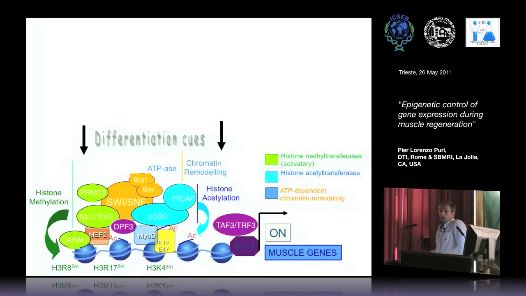But most importantly, at least for this talk, is the recruitment of the SWI/SNF chromatin remodeling complex, which is endowed with two alternative ATPase subunits, BRG1 and BRAHMA, which use the ATP energy to remodel the chromatin and displace the nucleosomes from the DNA and then allow the transcription.